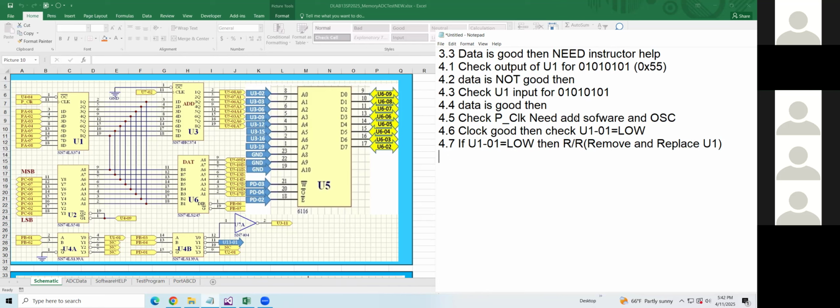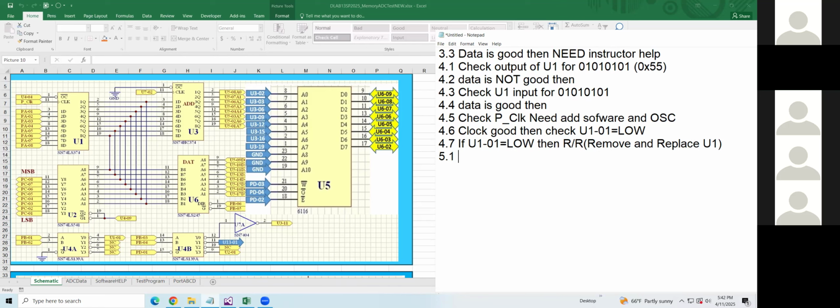You need the software to do that. Clock good, then U1 pin 1 has to be low.